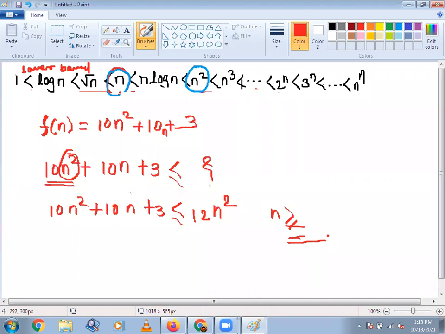Then check, instead of 11 here, suppose we have taken 12. Then put the values.